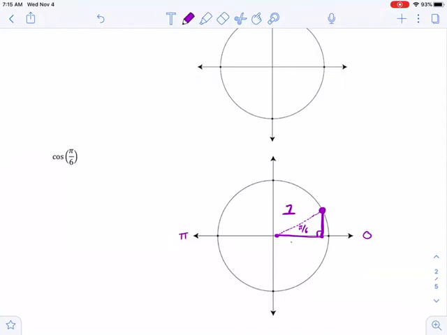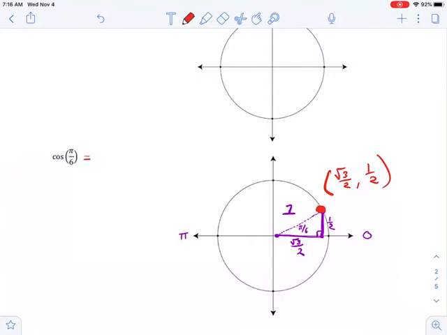So along the bottom, this is going to be the square root of 3 over 2. And then this side here is 1 over 2. That gives us a coordinate here that we can use. So this is square root of 3 over 2, comma, 1/2 is my coordinate.